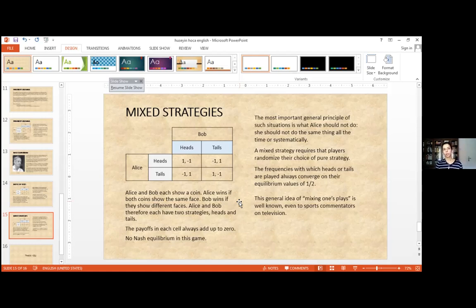These are all simultaneous games. There are also different kinds of games, sequential games, like chess. In some games one plays first, the other plays second. Those involve thinking in terms of backward induction.